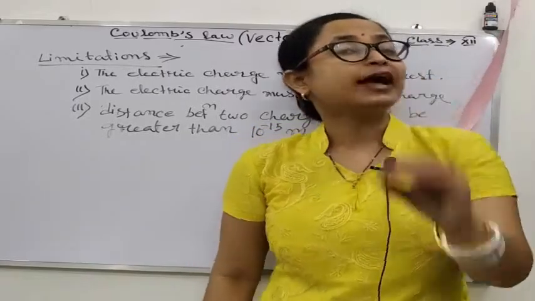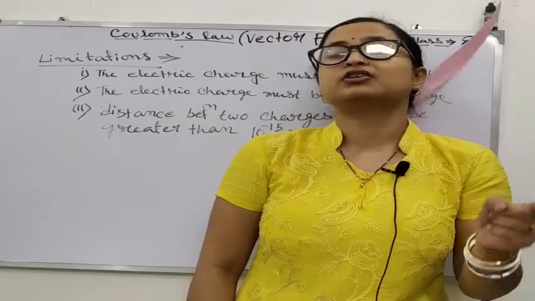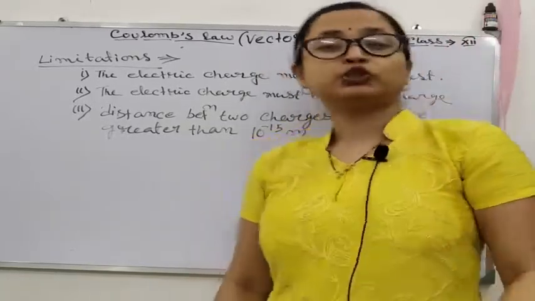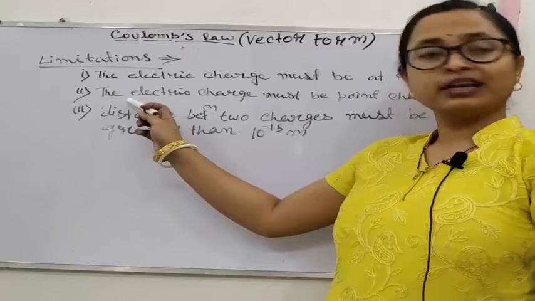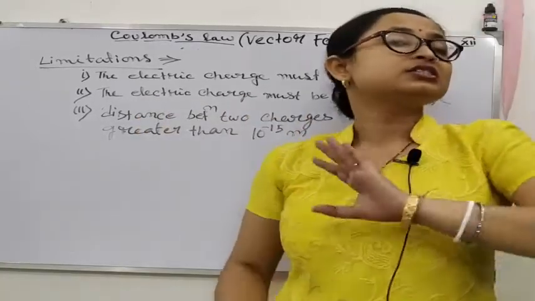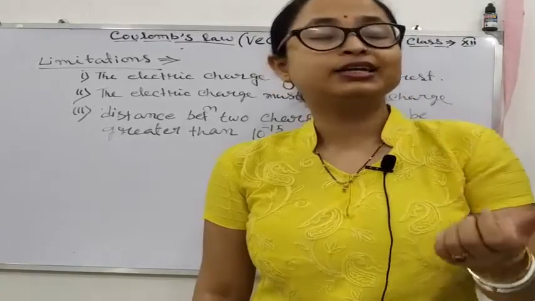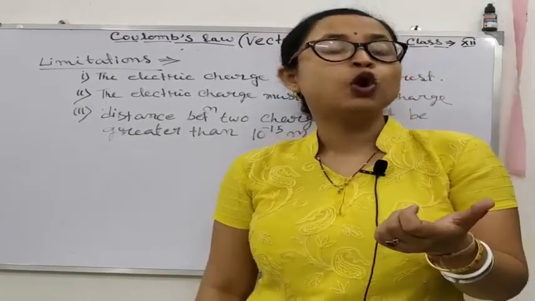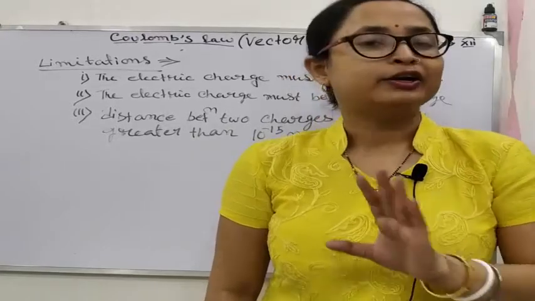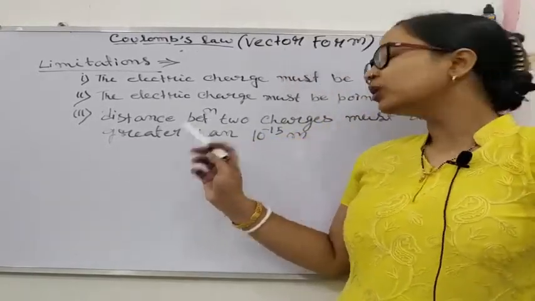So the size of the charge must be smaller than the distance between these two charges. That's why it is written here, the electric charge must be a point charge. If the size of the charge is greater than the distance between two charges, then Coulomb's law cannot be applied. Clear? So this is also one limitation of Coulomb's law.